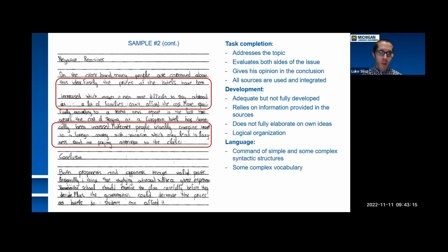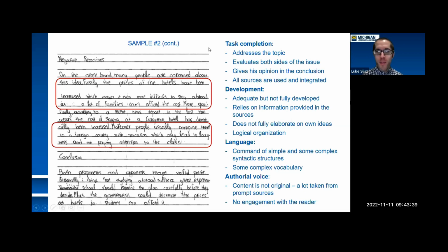The language, pretty good command of simple and complex syntactic structures. There's a few more grammatical missteps in this one as compared to the very first reading, but there is some complex vocabulary. We have proponents and opponents in the final paragraph, but it's not as consistently used throughout the actual response. And finally, the authorial voice.